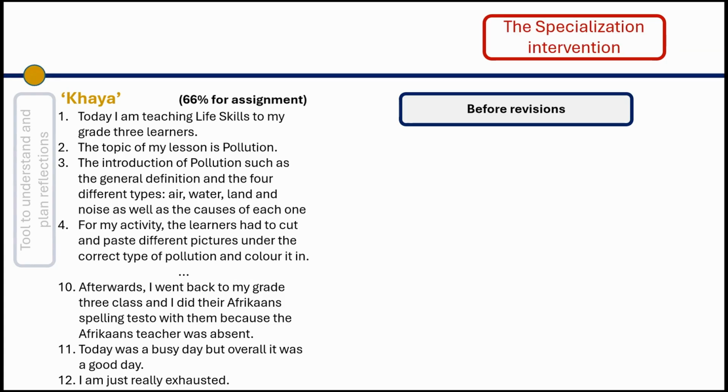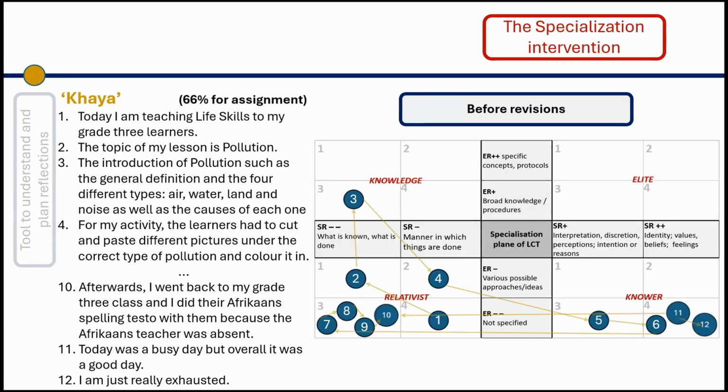And as you can see, I haven't given you all of her sentences from her original reflection, but she plotted it on the specialization plane. And as you can see, her reflection focused a lot on describing the goings on, the topic.